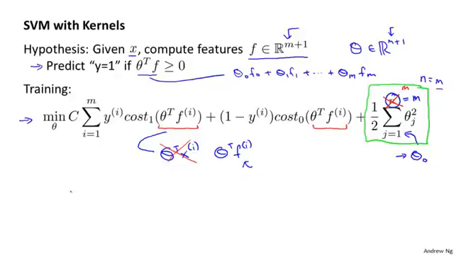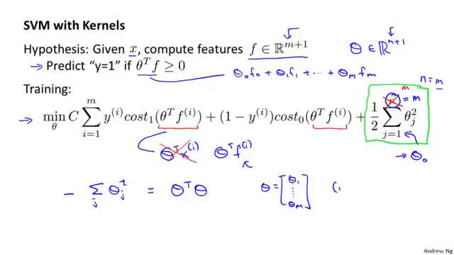But in the way a support vector machine is implemented, that term, the sum over j of theta j squared, can be written as theta transpose theta if we ignore the parameter theta 0. So if theta were theta 1 down to theta m, ignoring theta 0, then this sum over j of theta j squared can also be written theta transpose theta.